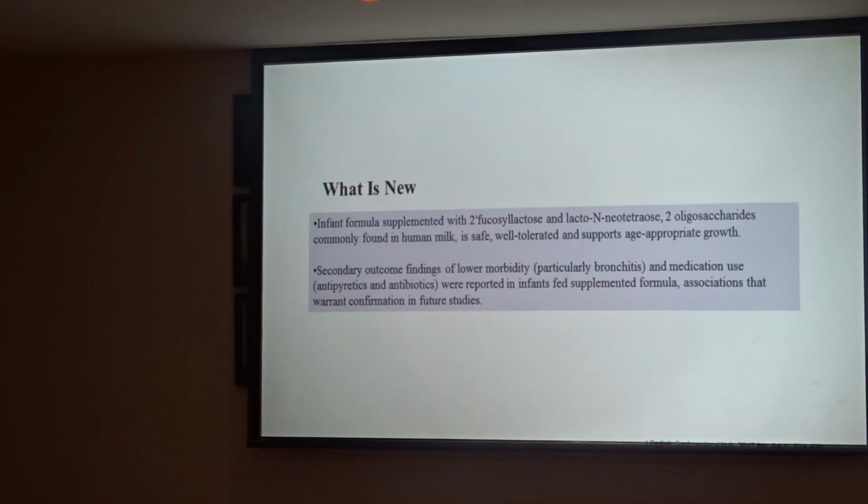So what's new? Fortifying the formula with the human milk oligosaccharide is safe, the growth is okay, and they have a low risk of morbidities. This is what is new.